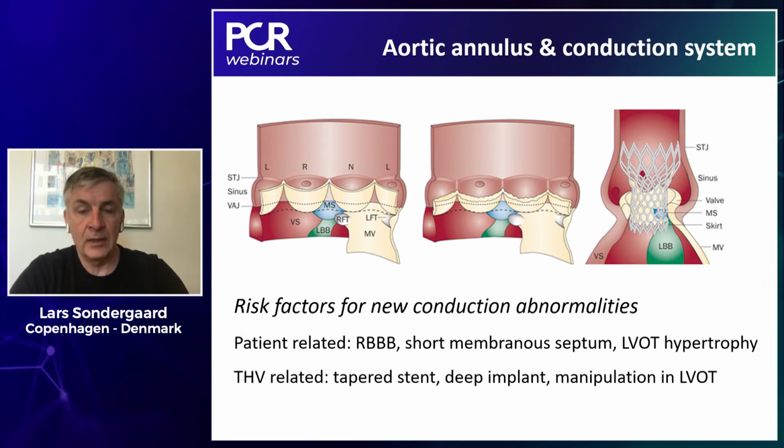Of course, again, respecting that we should not have a pop-out, but high implantation has also been shown to be associated with a lower rate of conduction abnormality. Also, it's important not to have too much manipulation with the delivery system in the left ventricular outflow tract during valve deployment. We should have a valve which stays stable. Do not dive too much towards the left ventricular outflow tract in order to avoid that.